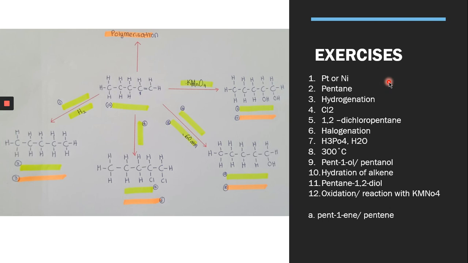Okay, so let's recap the reactions. We have combustion, where alkene reacts with excess oxygen to form carbon dioxide and water. Then we have addition reactions. Addition reaction starts with hydrogenation. The condition is nickel or platinum catalyst, where alkene is converted into alkane.